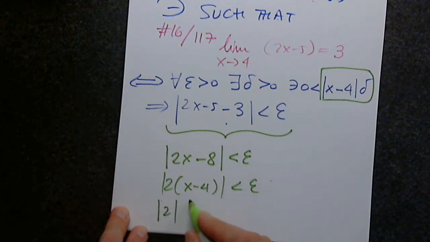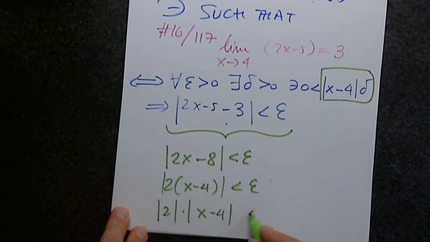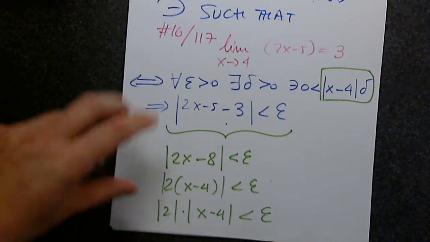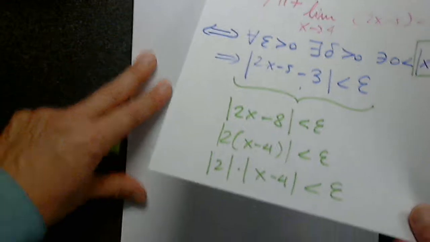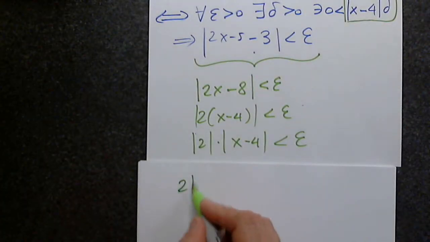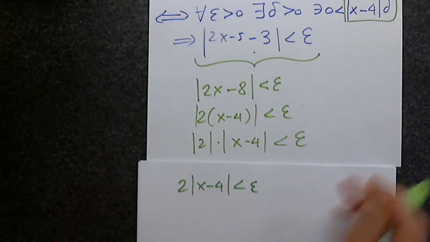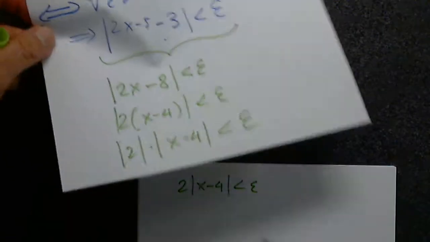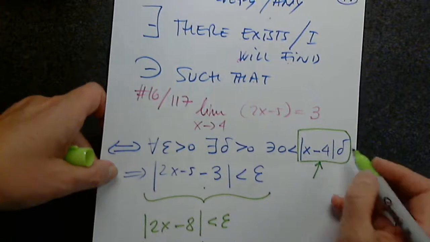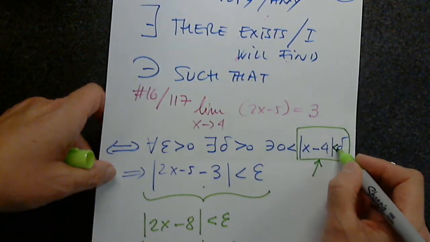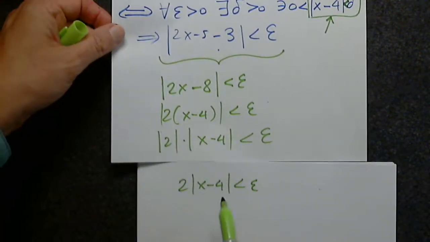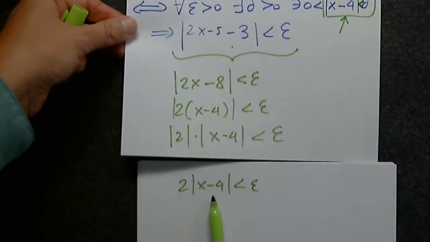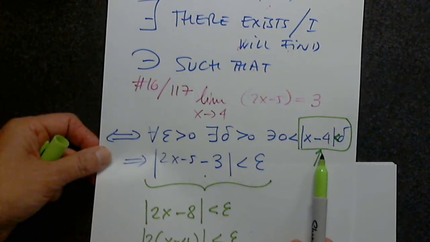The absolute value of 2 times the absolute value of x minus 4 less than epsilon. But now, what is the absolute value of 2? 2. Now I can write 2 times the absolute value of x minus 4. I am allowed to peek. I have x minus 4 less than delta. So what should I do to both sides to have just the absolute value of x minus 4 on the left?